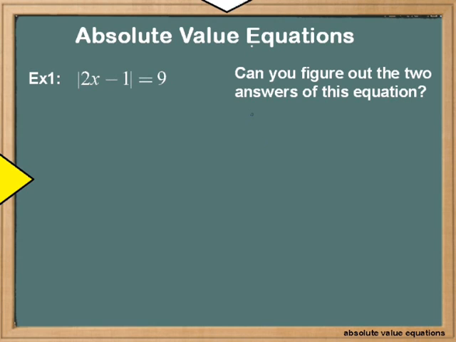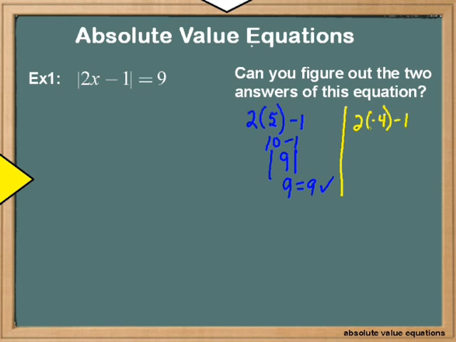Now if you thought 5 was a possibility, let's take a look and see if that's true. If I plug 5 in for x, 10 minus 1 is 9. And I know this is an absolute value when all is said and done, and the absolute value of 9 is 9, so that checked out. Did you come up with the second answer? Did you come up with that negative 4?